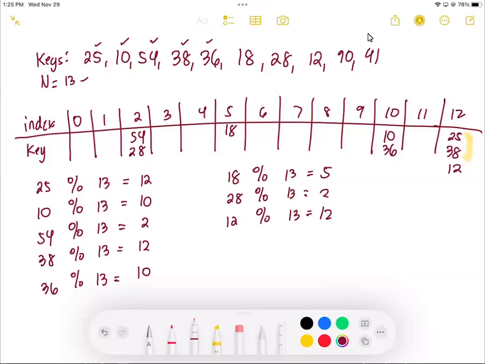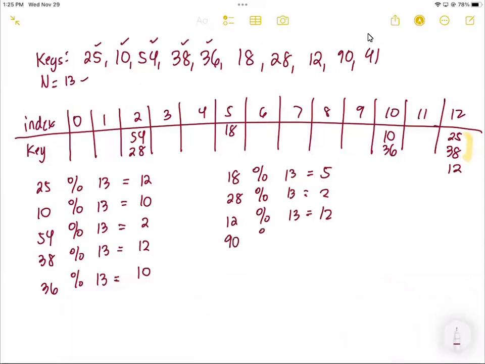And then we have 90. For 90, modulo 13 is also 12. As you can see, in the 12th bucket there are already three keys mapped to this index. So let's just say we add 90 here. Lastly, we are done with 18, 28, 12, 90.